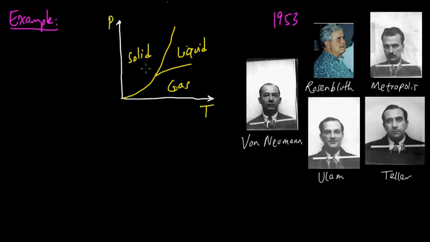And so, for example, for a material like water, water has a particular phase diagram, and this is of extreme interest to physicists, understanding these phase diagrams for different materials.